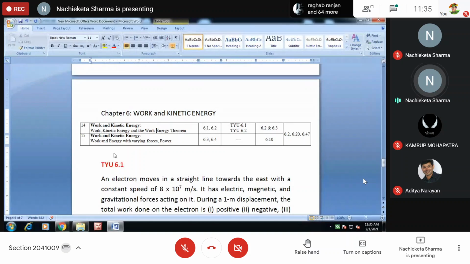And in 6.3, the same work-energy theorem, we'll find it out for varying forces, work and energy with varying forces. And finally, power. All are very small topics.